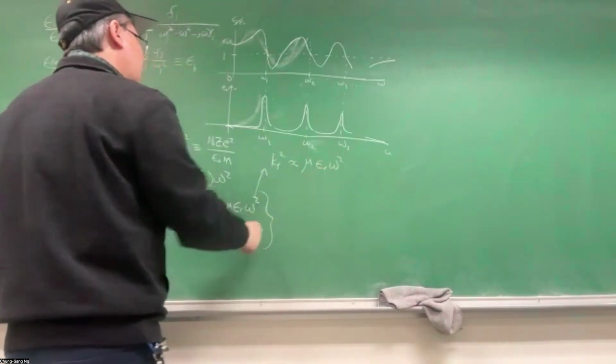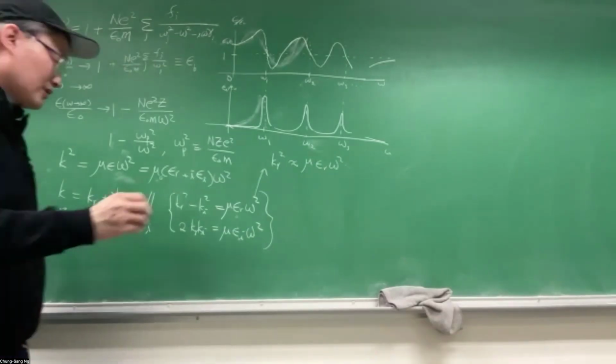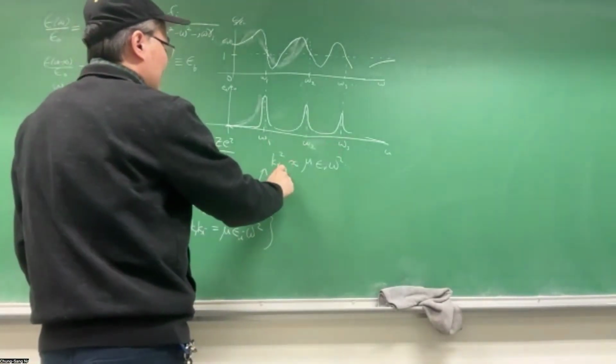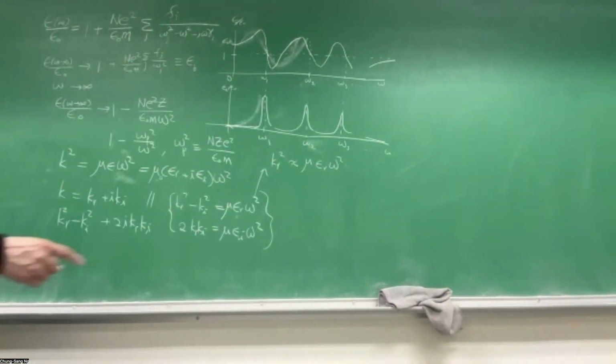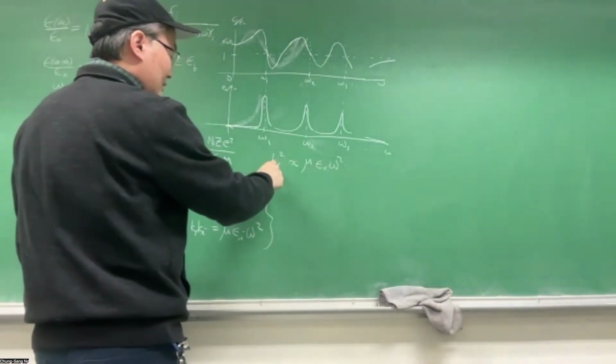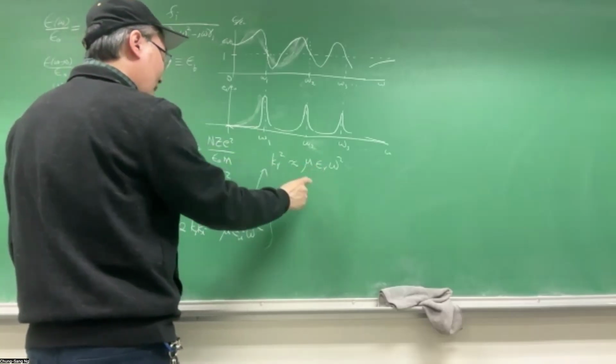So this will be just like the non-dispersive case that we talked about, where we assume everything is real, and then you get this equation, except that this will be the total k and this will be the total epsilon.